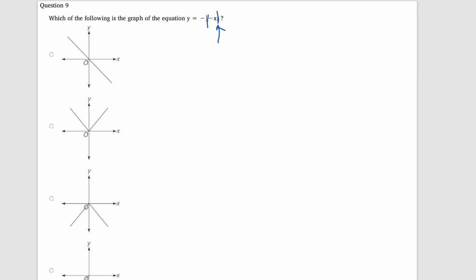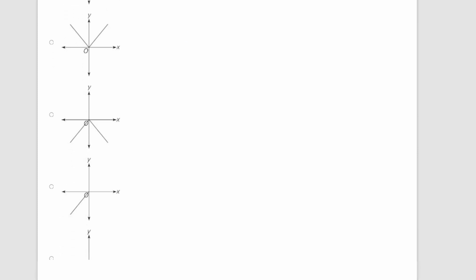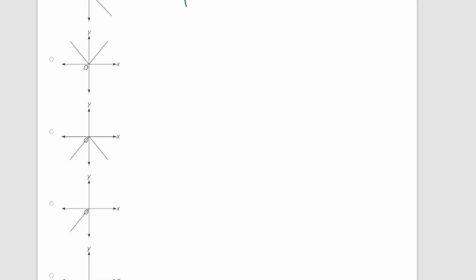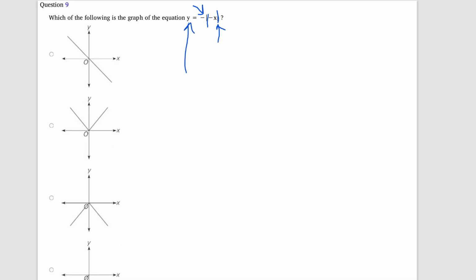So the bracket becomes positive, but we have this final negative on the outside. And negative times the bracket, which definitely has to be positive, negative times positive is negative. So we know y has to be negative in all scenarios. Y has to be completely negative. And which of these graphs have y being completely negative?